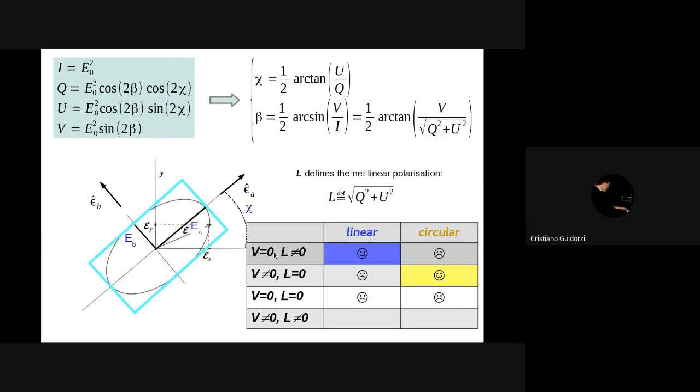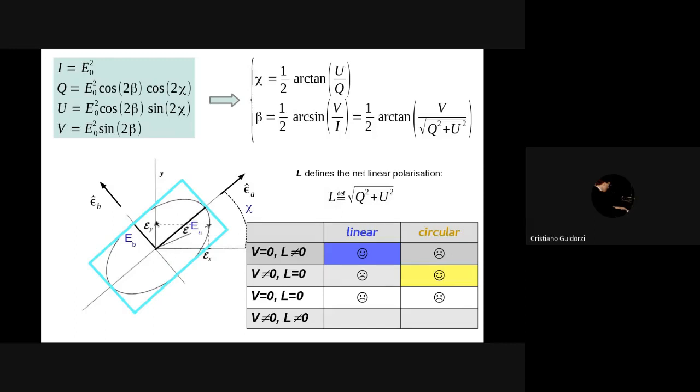When V is 0, it means that when you project the electric field on a circular basis, there is no preference for the two polarizations, just as much in the right basis as in the left circular basis. So V 0 means no circular polarization. While when L is different from 0, it means that one direction is prevailing over the other one.